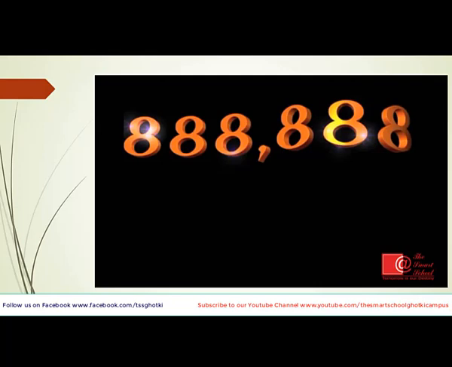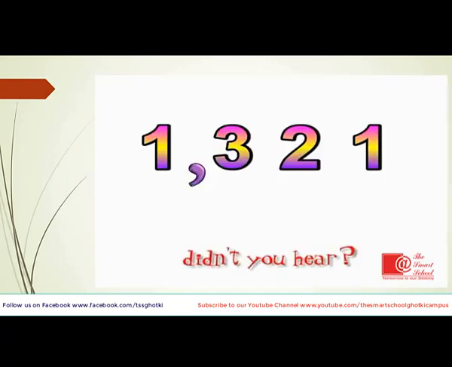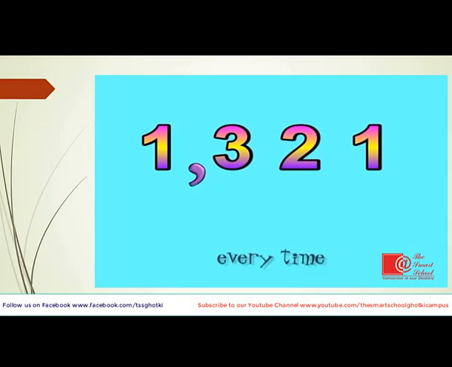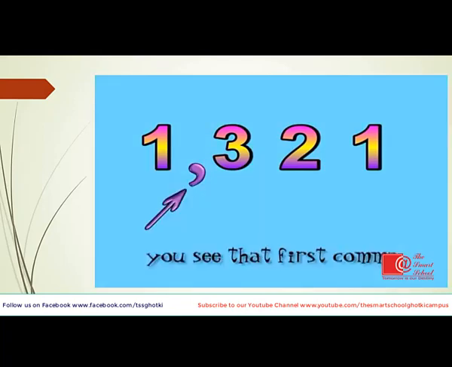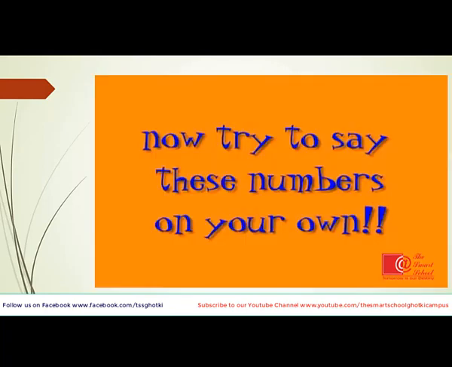Number, then thousand, then 888. 888,888. Number, then thousand, then 888. 1, 2, 3, comma. More than 3, it's a comma, you see. And that first comma there, that's a thousands comma, didn't you hear? Every time you see that first comma, just say thousand. Don't ask your mama. Every time you see that first comma, just say thousand.